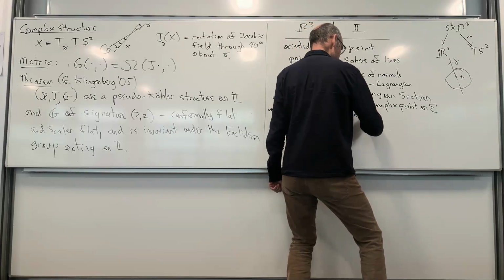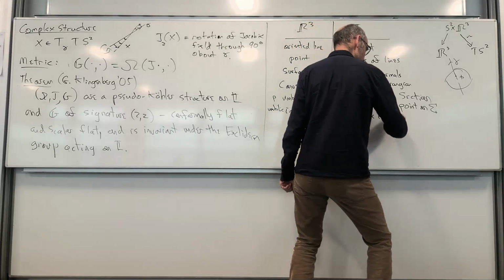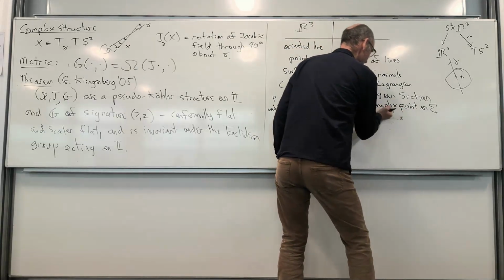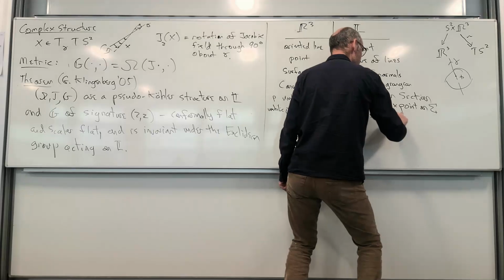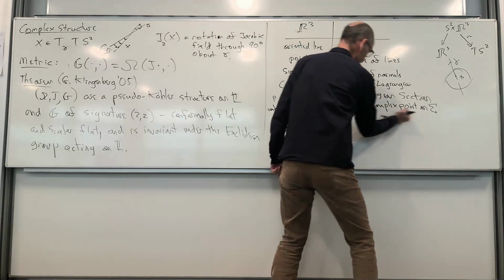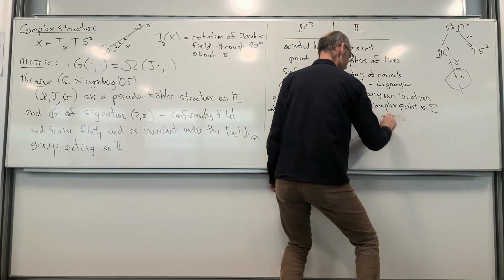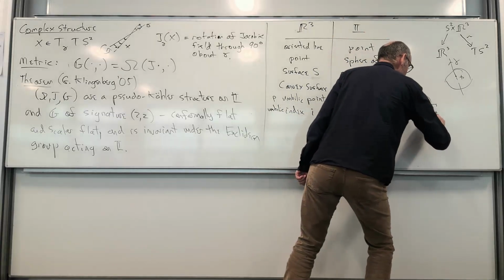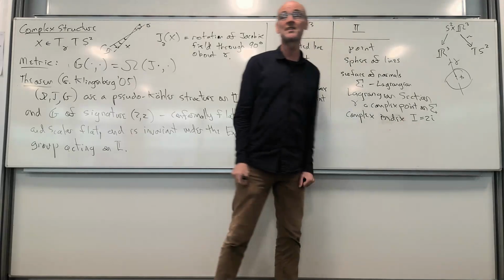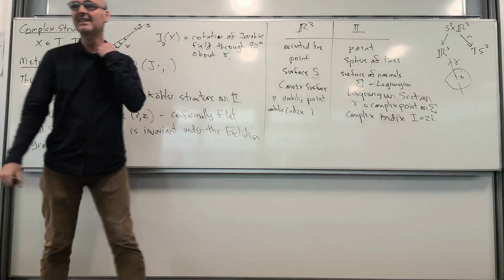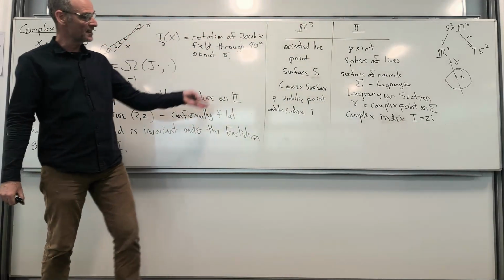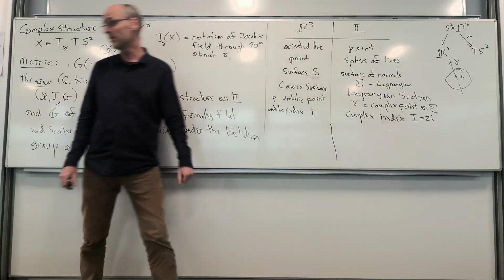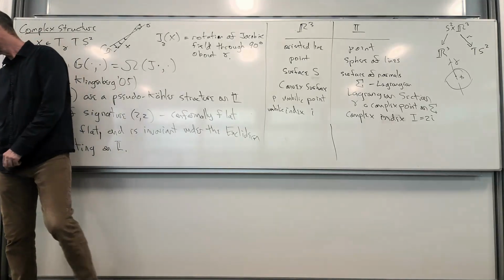Isolated complex points on a surface in a complex manifold have a well-defined index, the complex index. I'll use capital I for that. And it has to be a whole number, so it turns out to be just twice the other one. So you have a notion of umbilic index and a notion of complex index in this four manifold, and they're the same, just multiplied by 2.